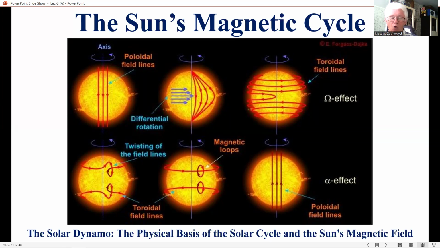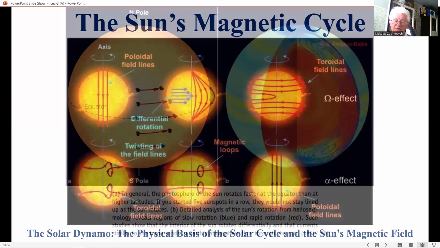This process is called the dynamo effect, and it is believed to operate in Earth's core and produce Earth's magnetic field. Helioseismologists have found evidence that the dynamo effect generates the sun's magnetic field at the bottom of the convective zone deep under the photosphere.